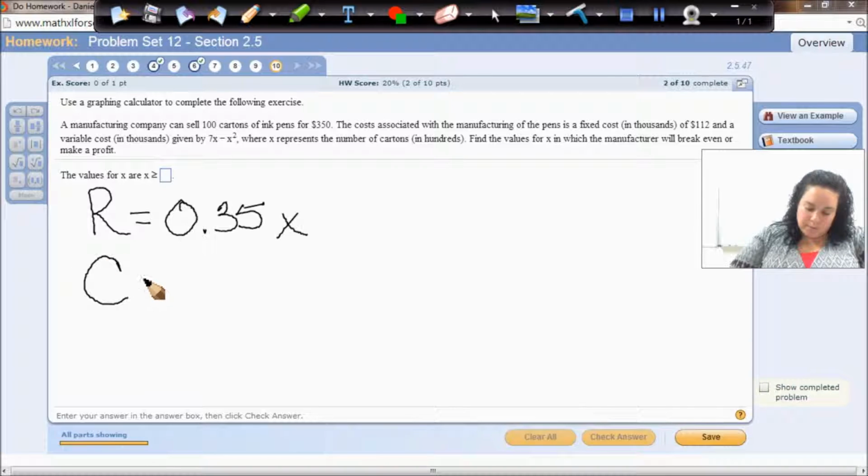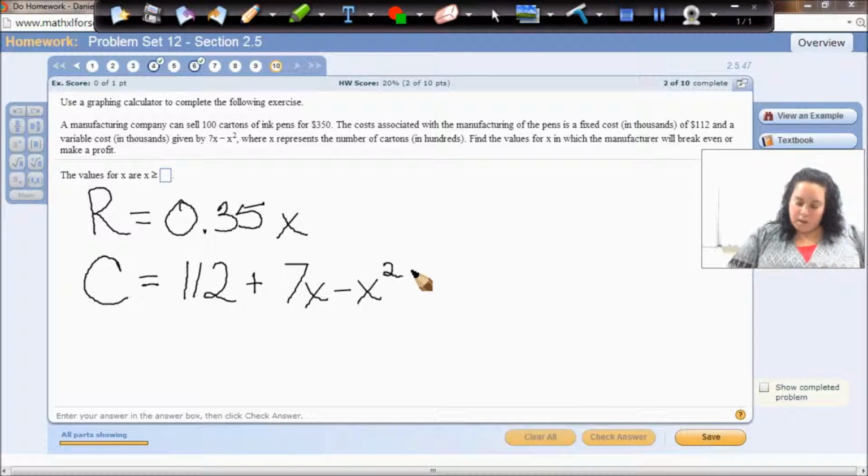See if we can find the equation for cost. Cost is going to be the fixed cost, which is $112,000, okay? And a variable cost, so plus the variable cost of 7x minus x squared. All right, good.